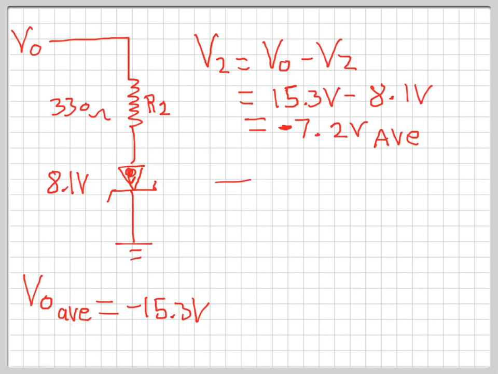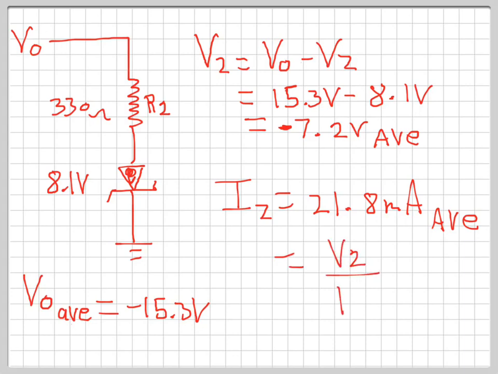And IZ equals 21.8 milliamps, which is simply V2 divided by R2.